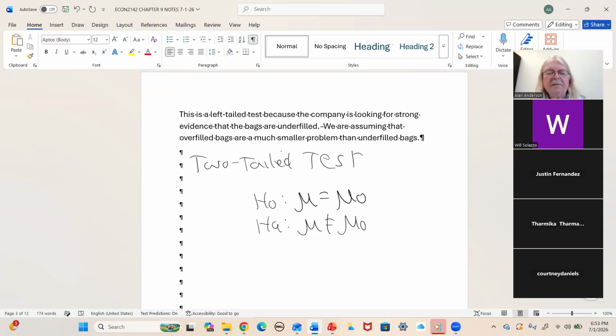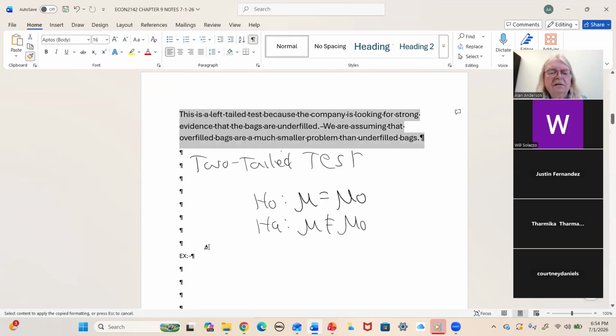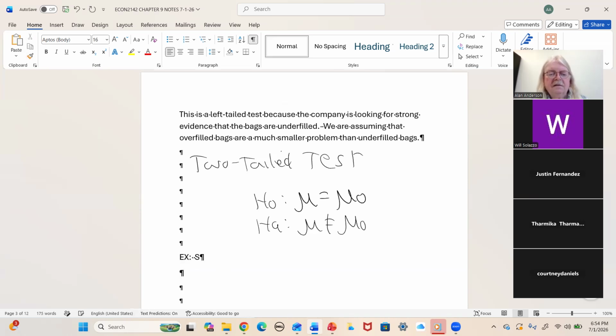And so here's a good example. Suppose that Coca-Cola is concerned that their 2-liter soda bottles are not being filled correctly.